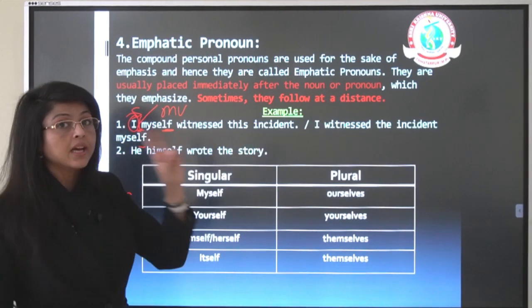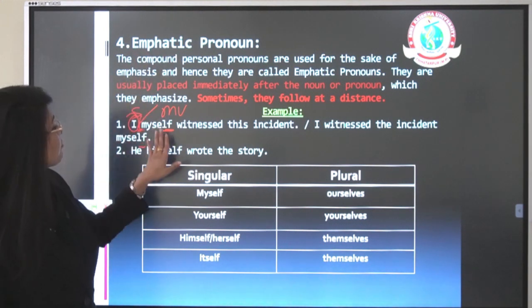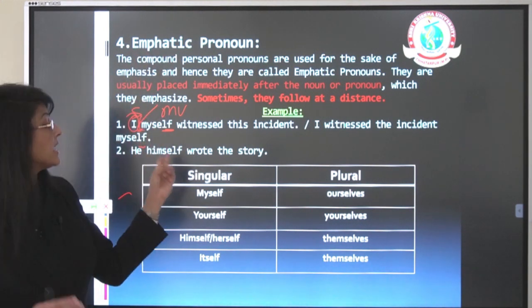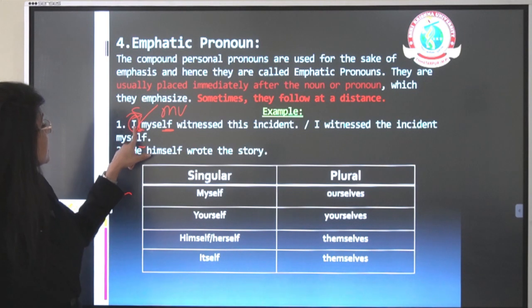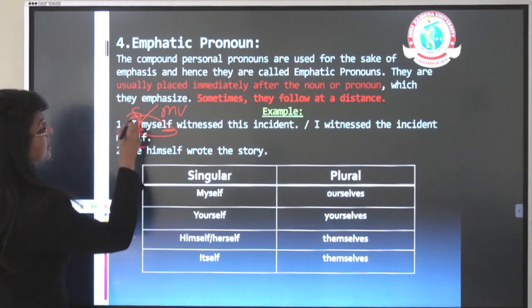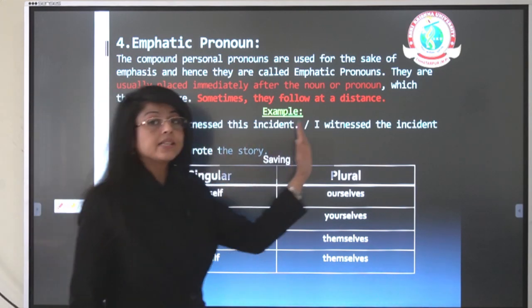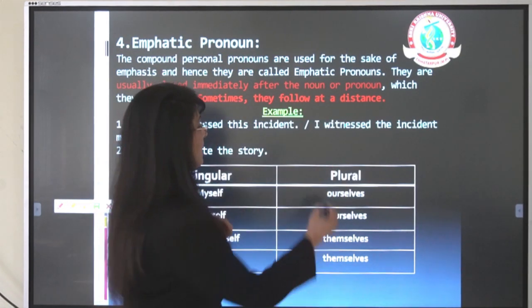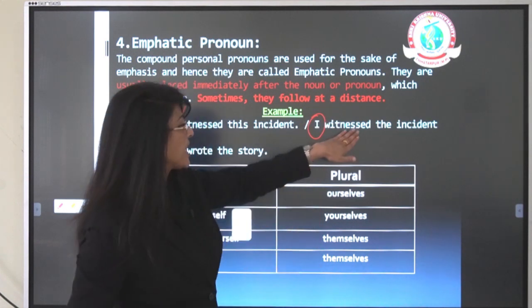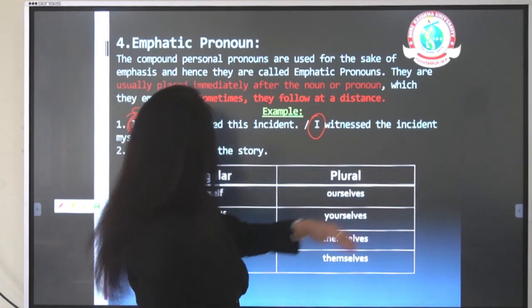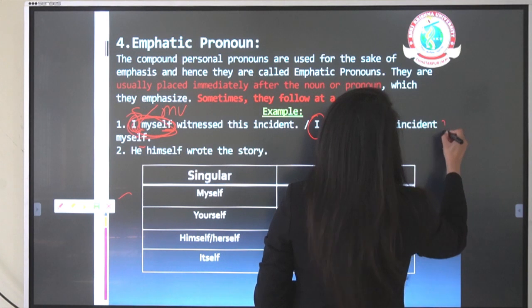Witness the incident. So, these kinds of pronouns can be placed in a sentence in two ways. Immediately after the subject, as it is here, or at a distance from the subject, like I witnessed the incident, and you can say myself.